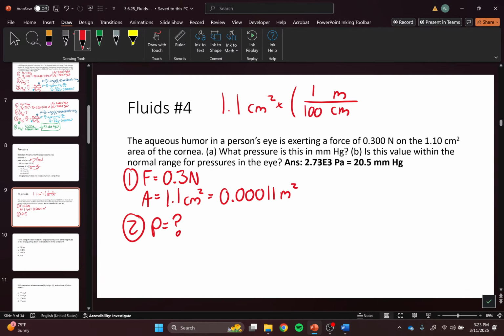We know that there's 100 centimeters in a meter. If I did this as is, I've only canceled one of my centimeters. It's centimeters squared. If you want to convert both of them, because it's squared, you need to do this twice.